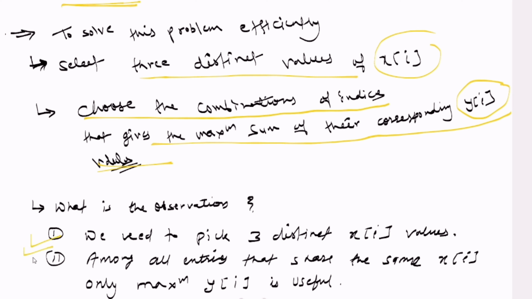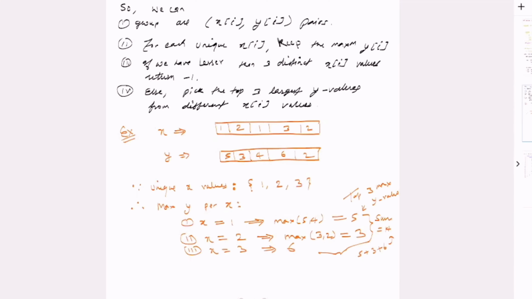We need to pick three distinct values in the array x, and among all the entries sharing the same x, only the one with the maximum y is useful, because we have to maximize the sum of y elements.